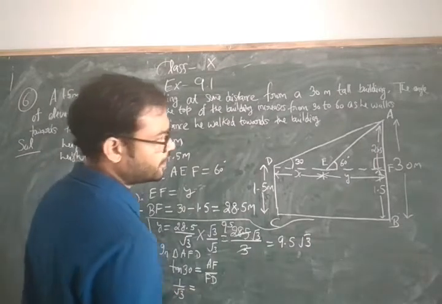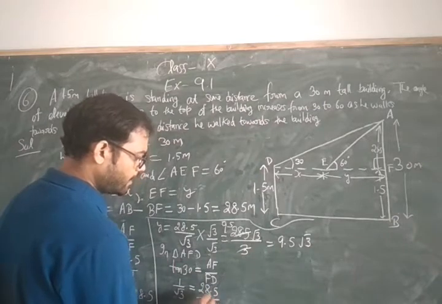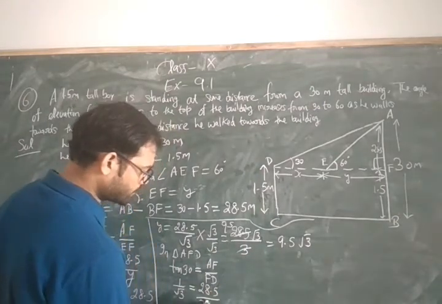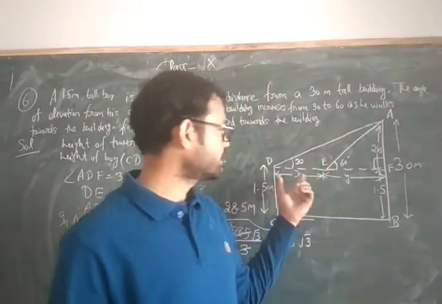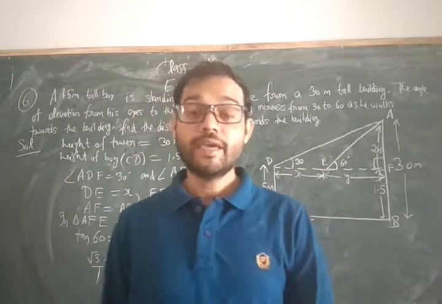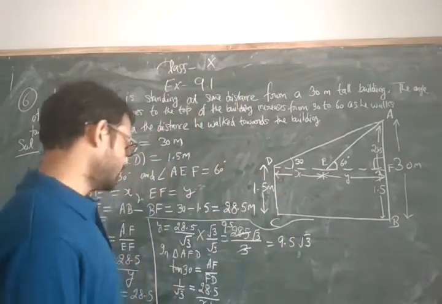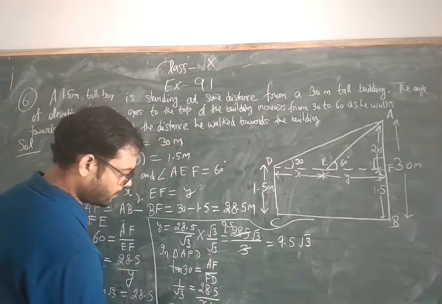The value of AF is 28.5 and FD is x plus y. Okay, FD is, because up to here is x and this is y, the total will be x plus y. So this x plus y, again the cross multiply.